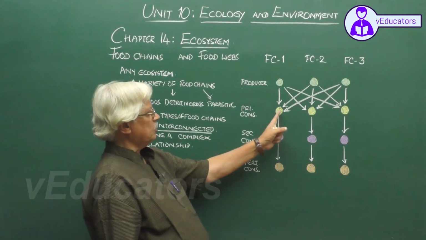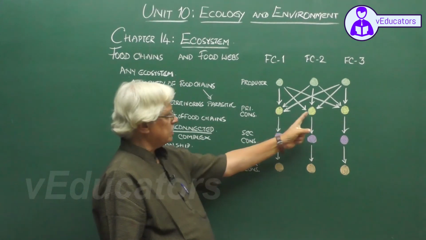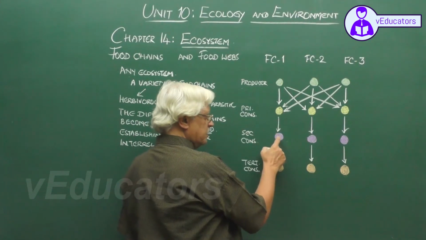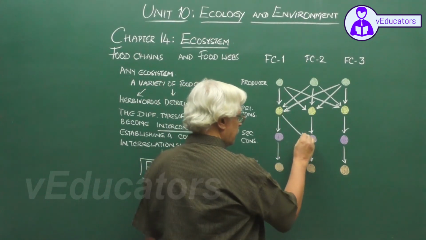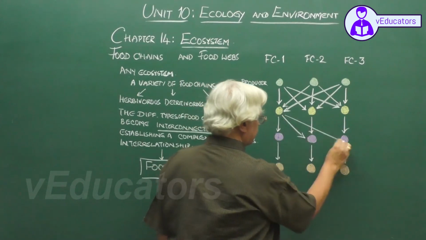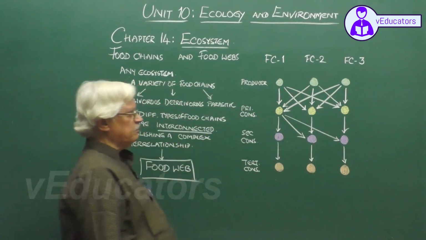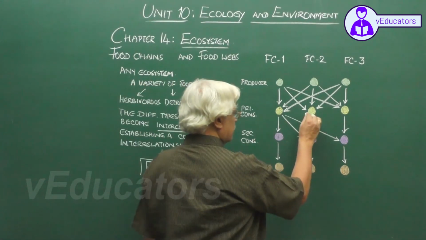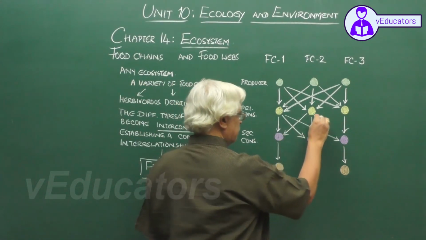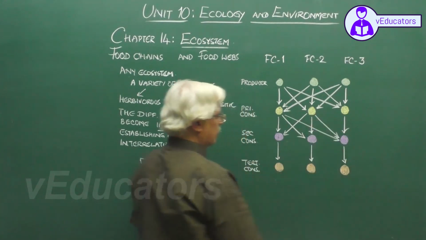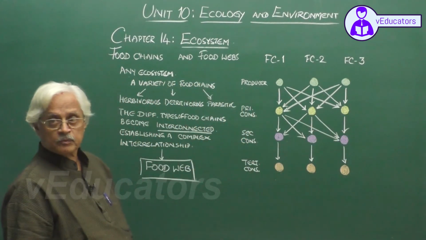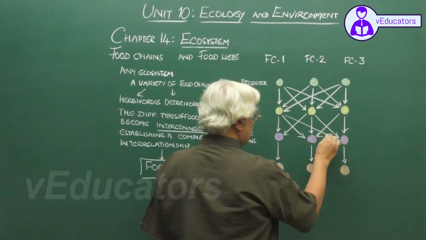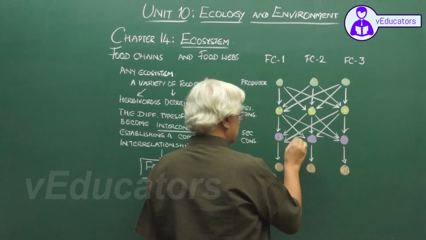Same thing can happen to this primary consumers also. This primary consumer need not be always eaten by this animal. It can be a food for this, or it can be a food for this. This primary consumer can be a food for this, or it can be a food for this. This primary consumer can be a food for this or this animal.